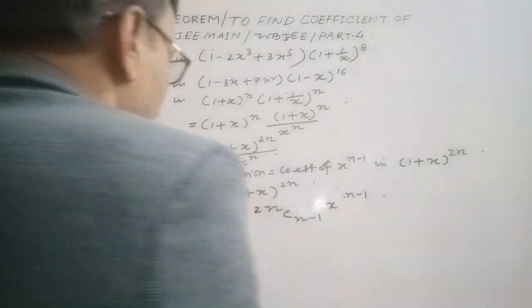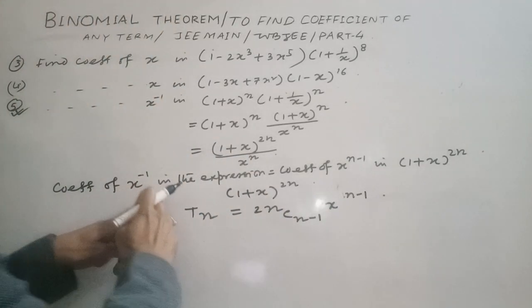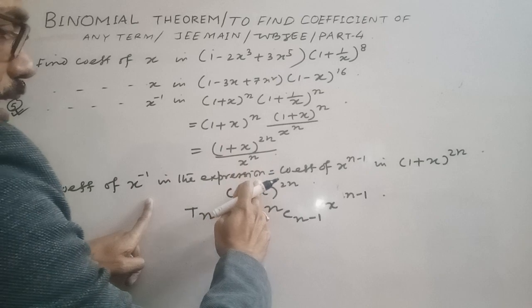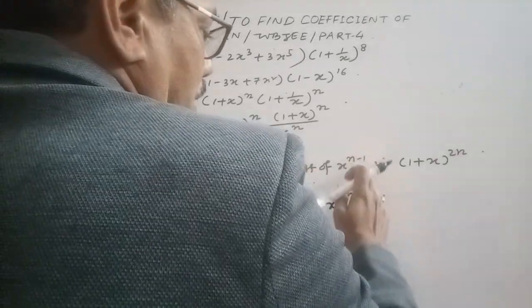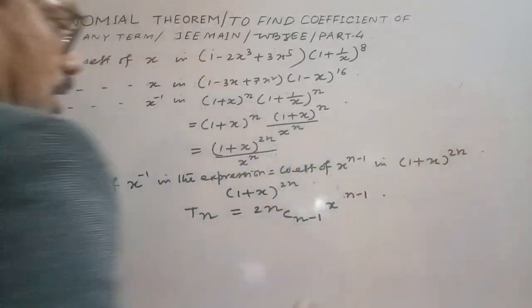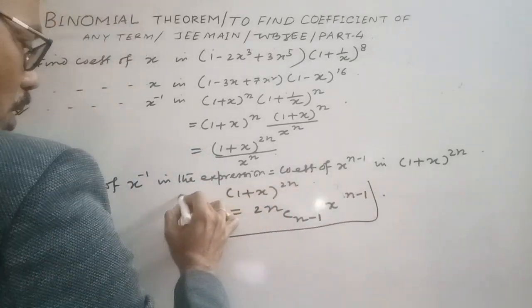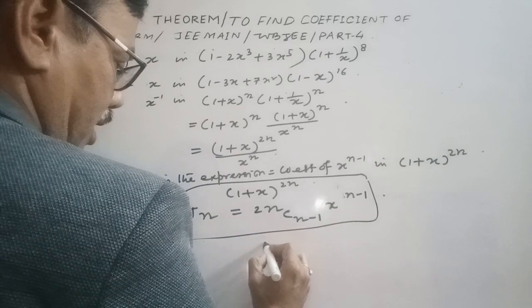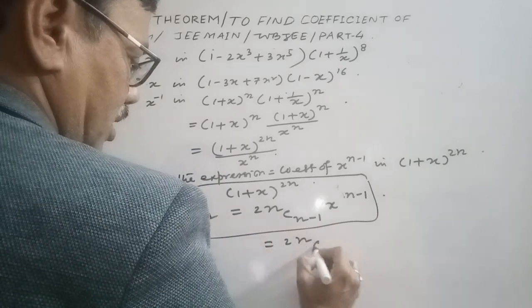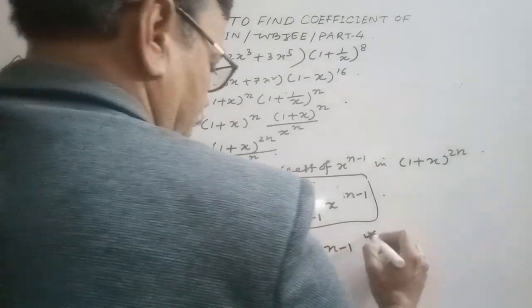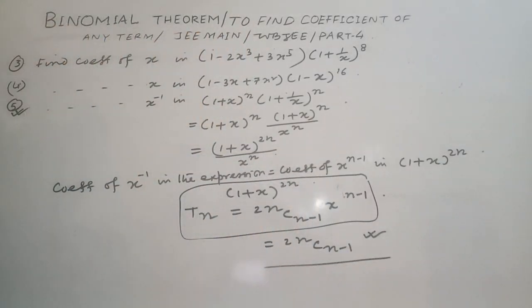Therefore, coefficient of x to the power n minus 1 in the expression equals coefficient of x to the power n minus 1 in this. So, what is the coefficient? We have already calculated it. This is 2ncn minus 1.